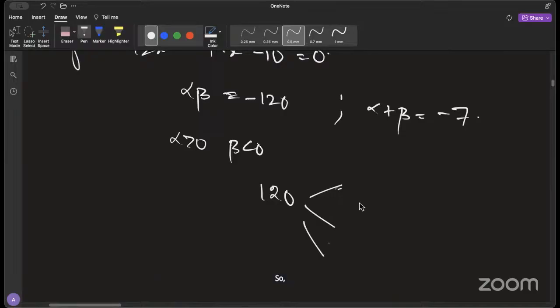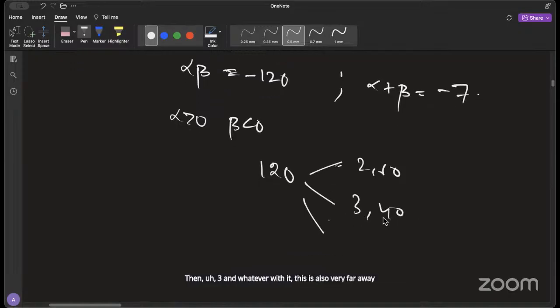So 1 and 120 is of no use. 2 and 60 are too far away. Then 3 and whatever goes with it is also very far away, so their sum cannot be minus 7. Then 4 and we'll have 30 here. That's also too far away from each other.